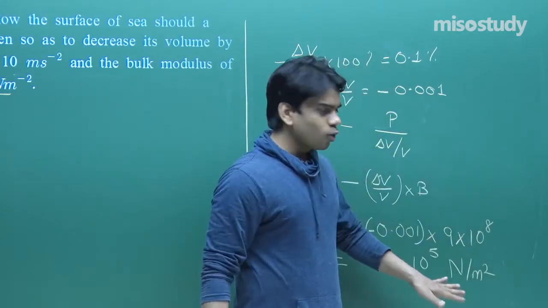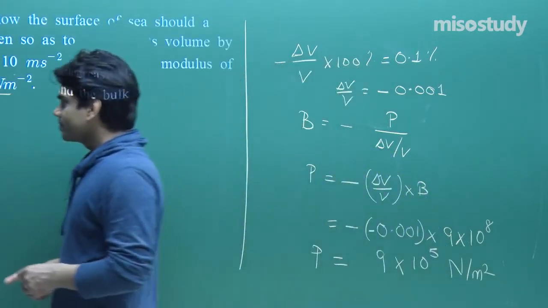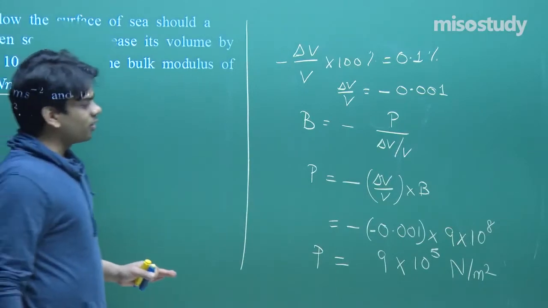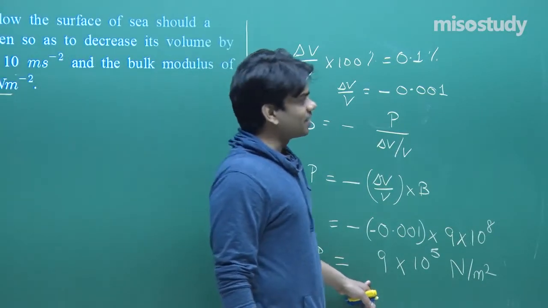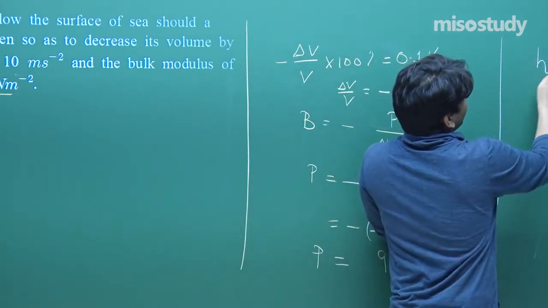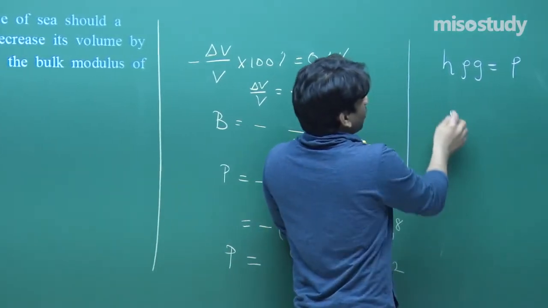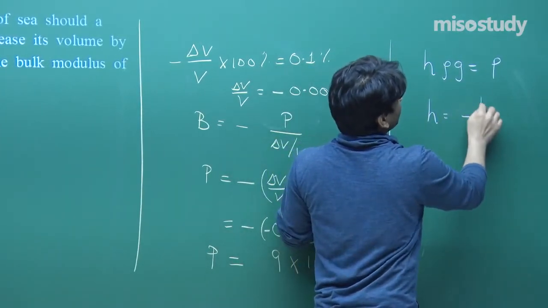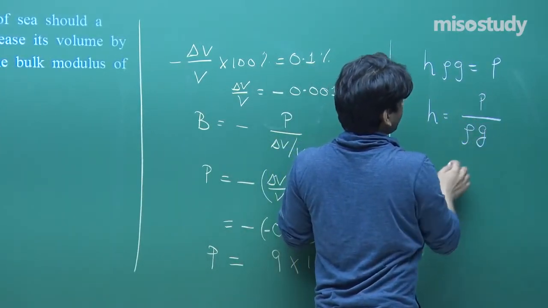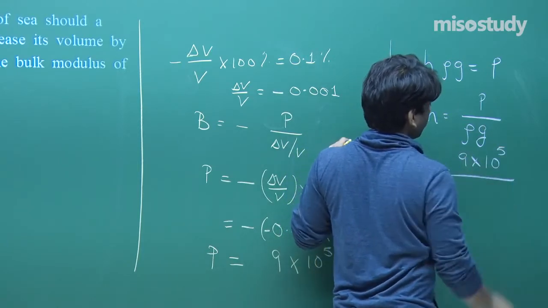Take note till here. I believe that you have understood how to find the value of pressure. Now can we write this as h rho g is equal to the value of pressure? Clearly height will come out to be pressure upon rho g. Pressure is 9 into 10 to power 5, this is what we have obtained.